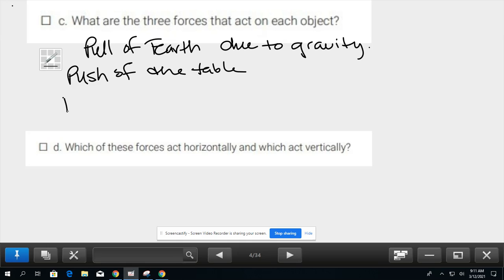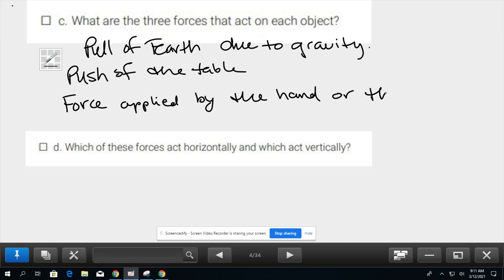And there is a force applied by the hand or the rubber band.